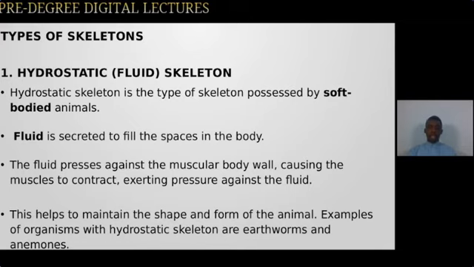This kind of support from a fluid gives rise to the hydrostatic skeleton, maintaining the animal's shape and enabling it to move from place to place. It can be seen in earthworms and other soft-bodied organisms like sea anemones.